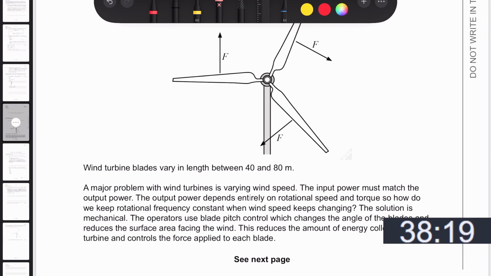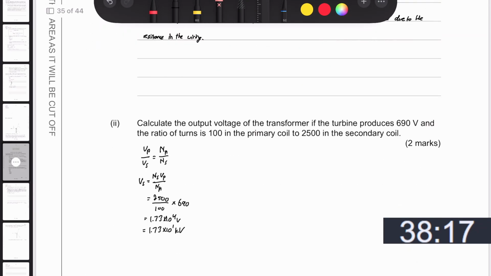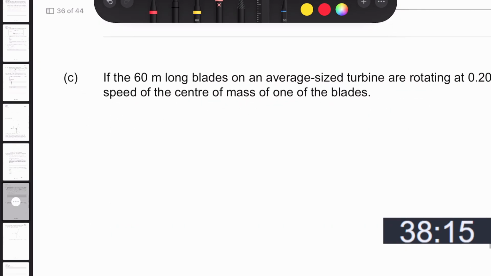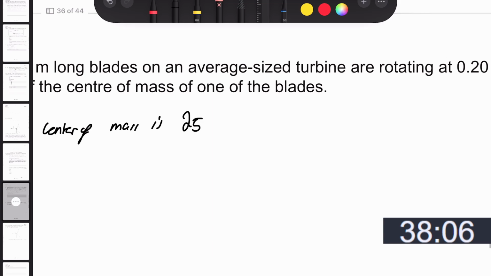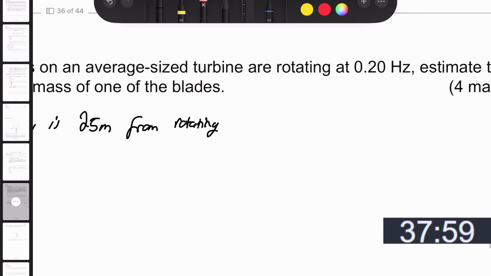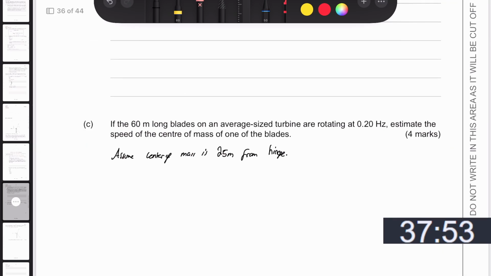Maybe a little back on the inside. So let's assume the center of mass is 25 meters from the rotating hinge.